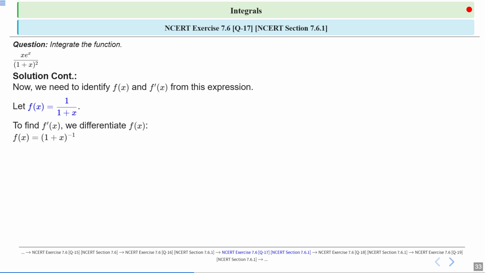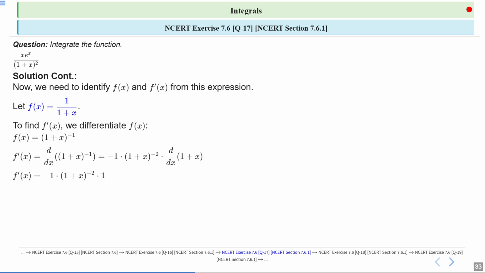We know when we differentiate x to the power n, it becomes n into x power n minus 1. So when we differentiate (1 plus x) to the power minus 1, the differentiation value is minus 1 into (1 plus x) power minus 1 minus 1, that is minus 2, and d by dx of (1 plus x), that is the chain rule.